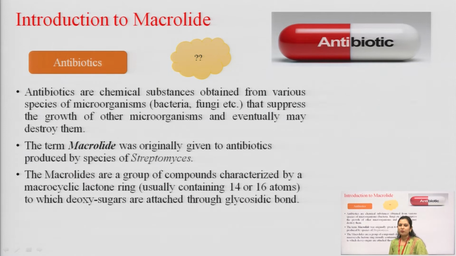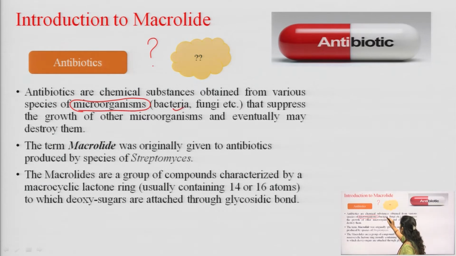First of all, before starting the macrolide, I would like to give a brief on what we understand by antibiotics. Antibiotics क्या होते हैं? हम देखते हैं antibiotics are the chemical substances which are obtained from the various species of microorganisms. What can be the microorganisms?